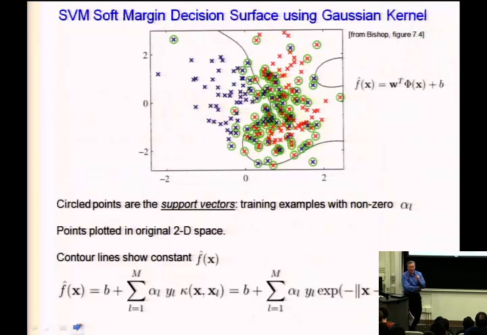And here's an example. Just like the other case, we're looking at points plotted in the original two-dimensional space. But now, instead of using a hard margin support vector machine classifier, here's the soft margin one. You can see the green circles are the support vectors. We have a lot more support vectors now.